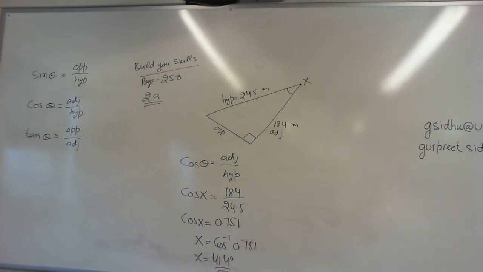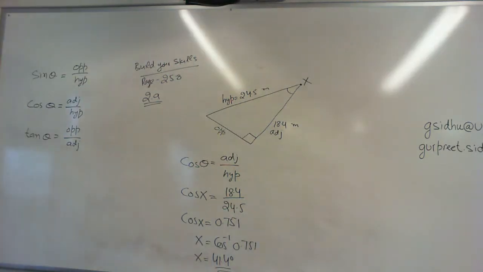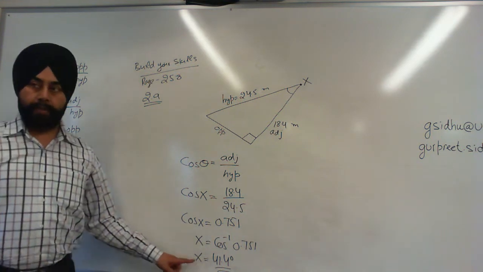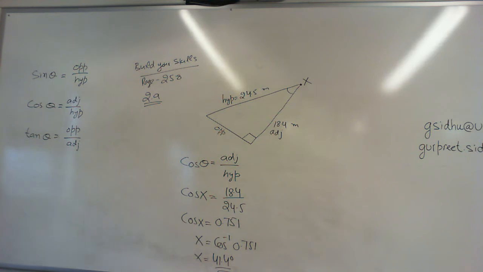No, there is no bottom number. No, you don't have the inverse function on this. You will have to use this calculator. Make sure that you learn how to do this cos inverse 0.751.